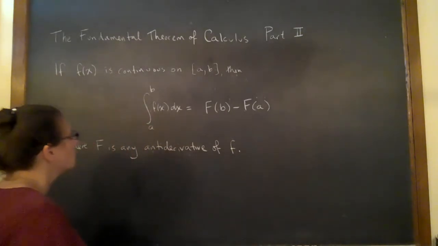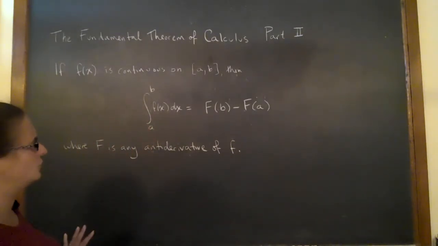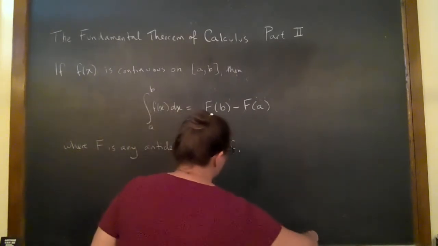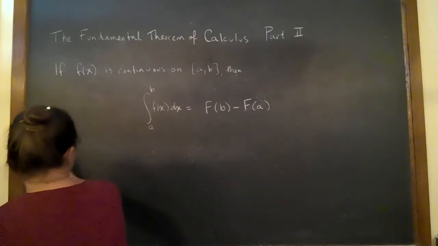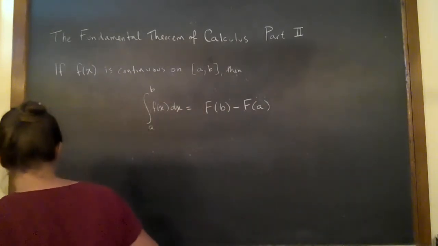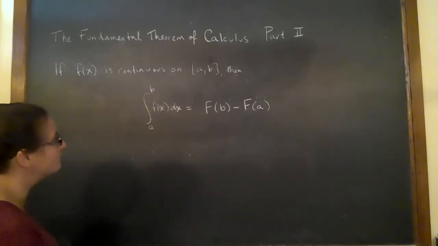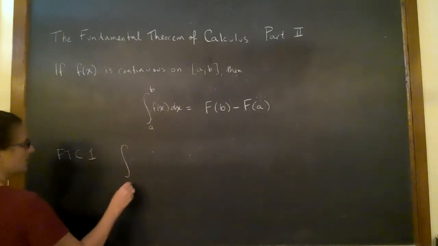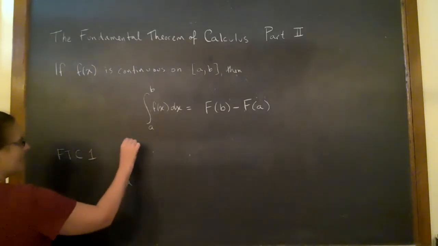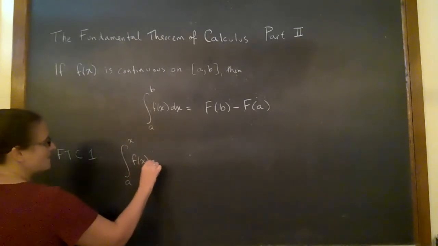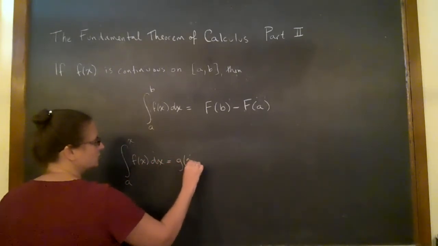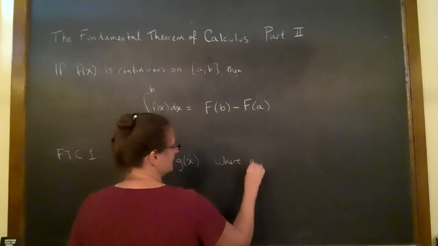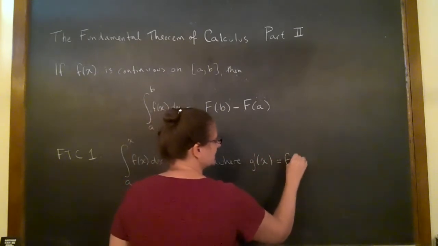Okay. So, all right, how do we know this is true, or what does this mean? Well, it's not that hard to show this from the fundamental theorem of calculus part 1, right? In FTC part 1, we have the integral from a to x of f of x dx is equal to g of x, where g prime of x is f of x.